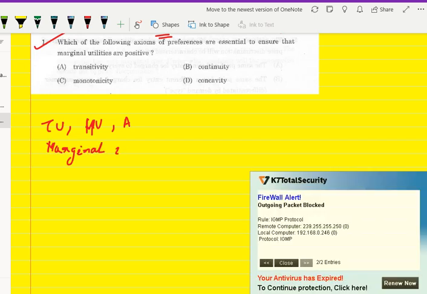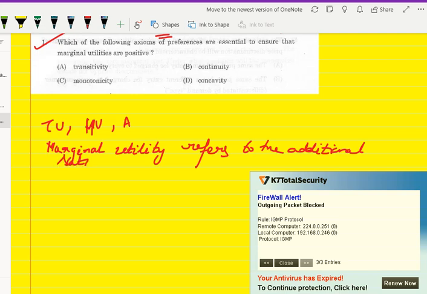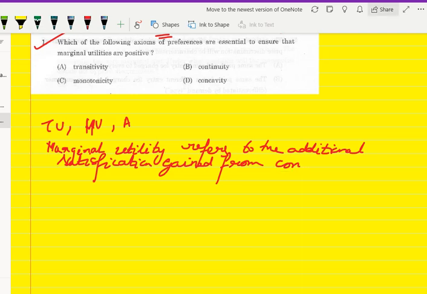Marginal utility refers to the additional satisfaction gained from consuming an additional unit of a good.